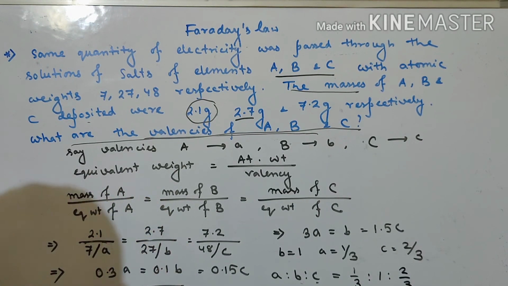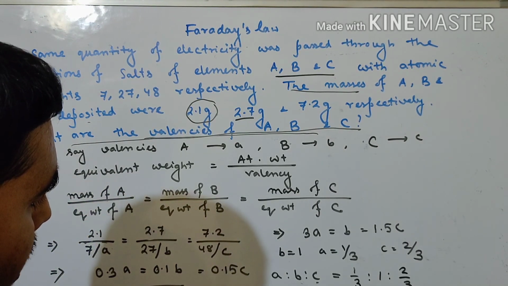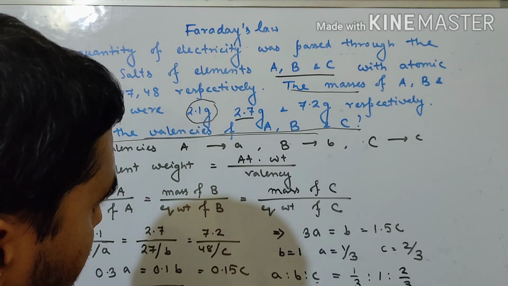So we are getting 1 is to 3 is to 2. This is the final answer for this particular question.